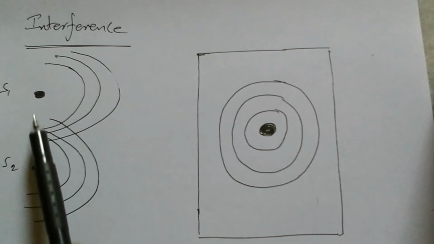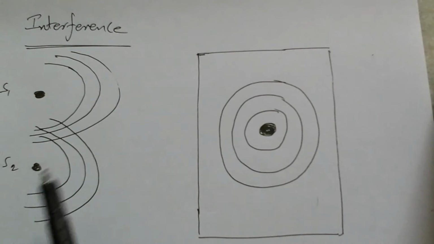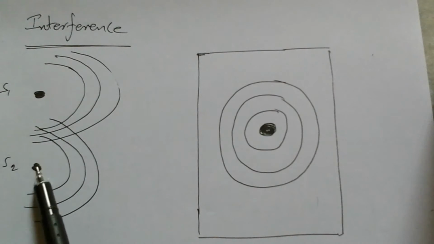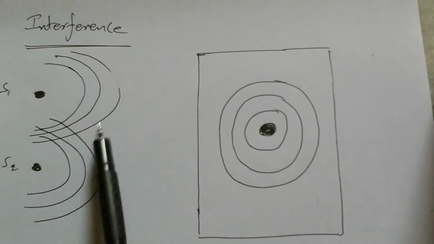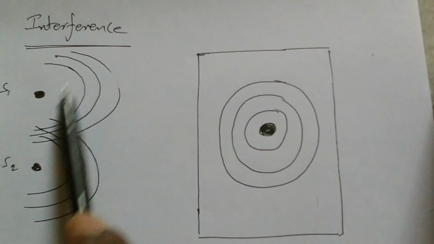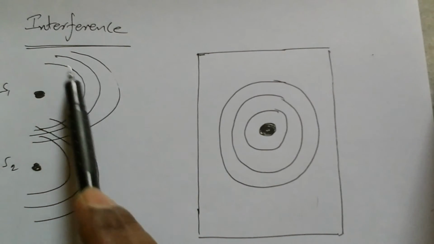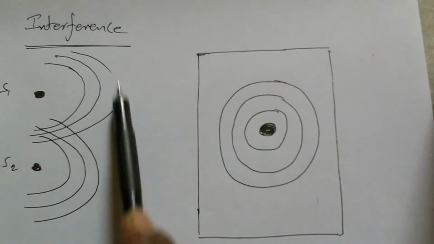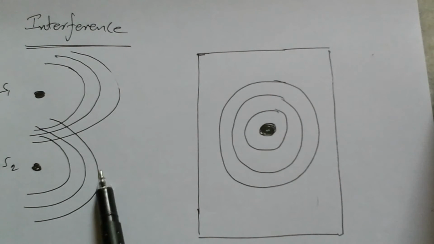From these two coherent sources, wavefronts come out like this. From S1, wavefronts are coming like this. From the S2 source, wavefronts are coming like this.